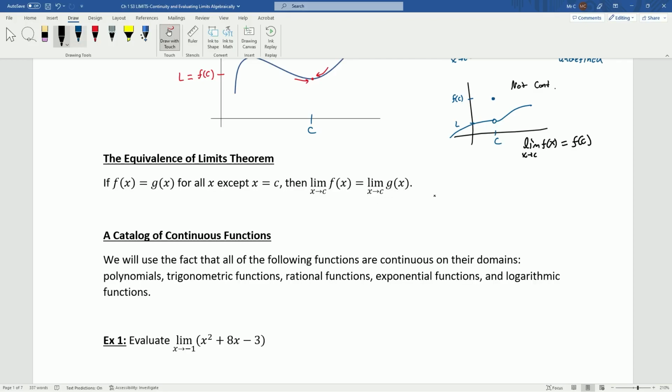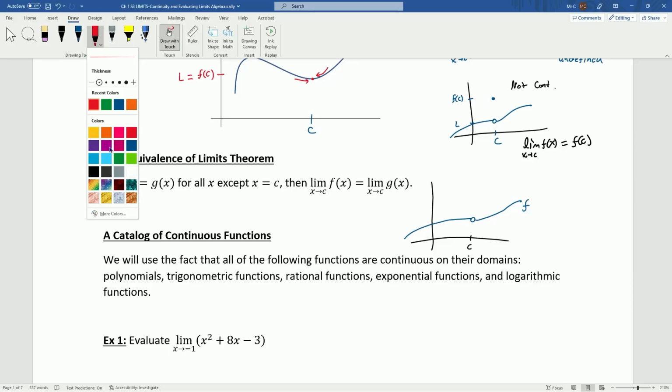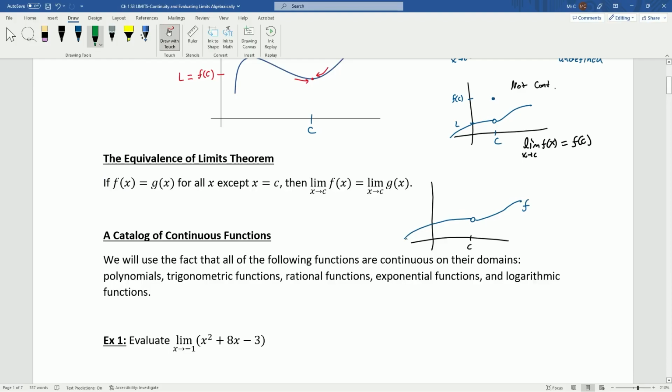So in other words, what this says is you've got two functions, and these functions are basically the same everywhere, except maybe one of them, we'll call this one f, has a discontinuity. And let's say the other function, we'll do that one in green. So maybe this second function is the same, travels the same path, but it's continuous.